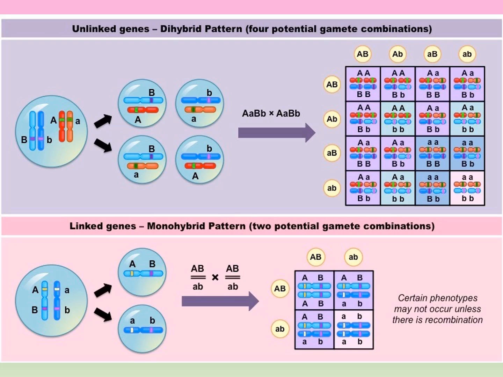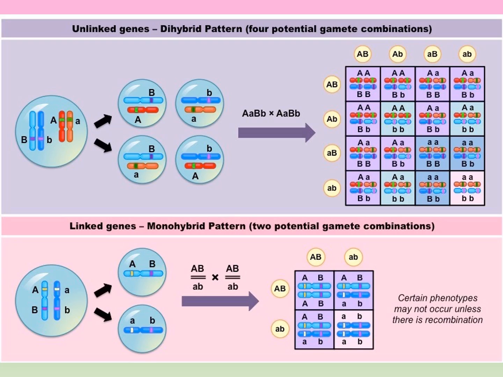So you have 4 different combinations, which gives us that dihybrid pattern we've been looking at before. We can cross our 2 heterozygotes together and get that big Punnett square, but we mostly just talked about the phenotype that comes out, our 9:3:3:1 ratio of phenotypes.